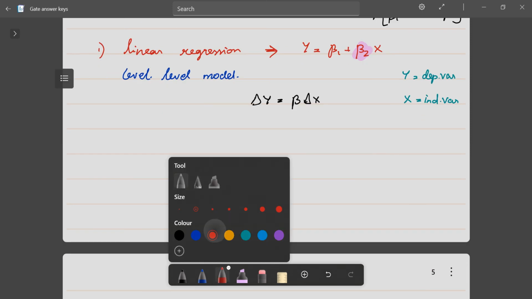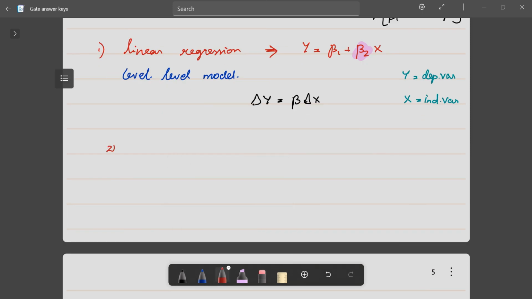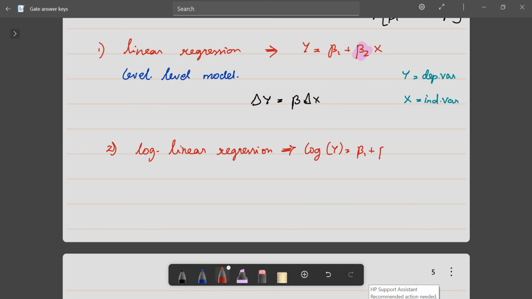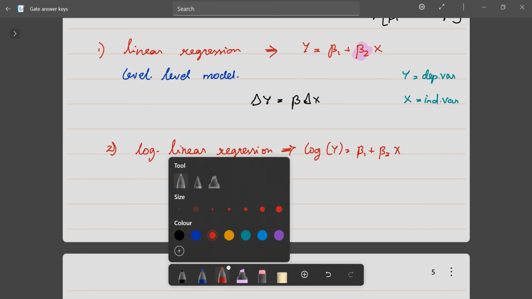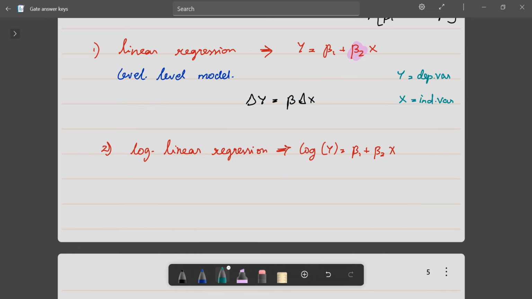Next, moving on to the second form, which is log linear regression model. The general form of the log linear regression model is log of y is equal to beta 1 plus beta 2 times x.